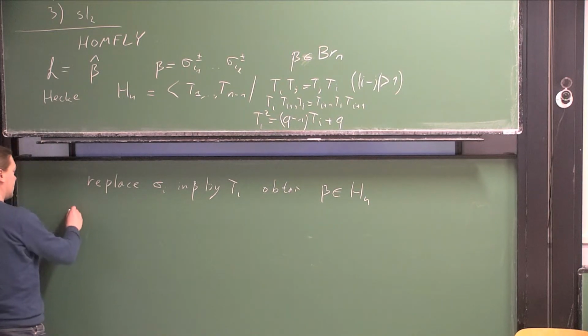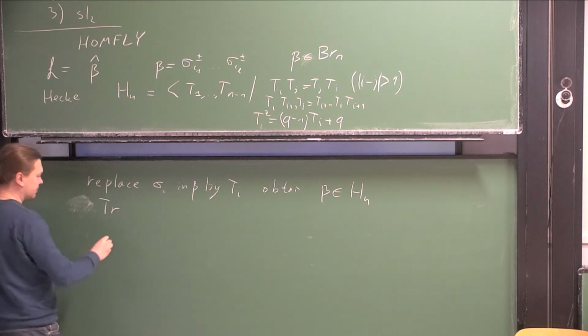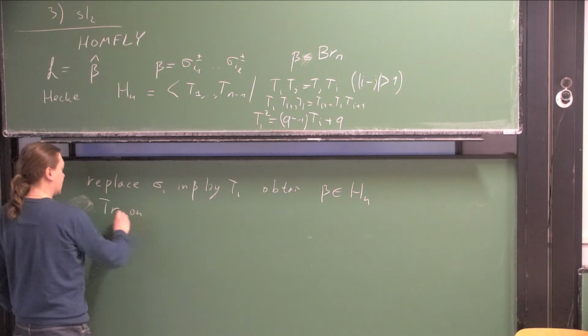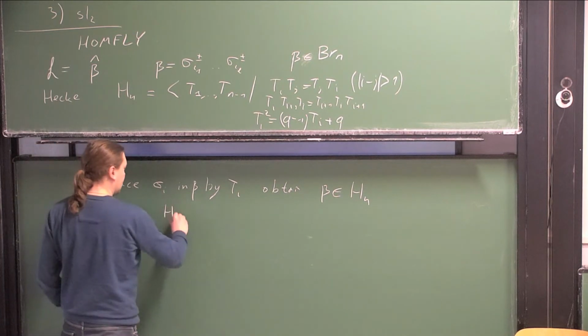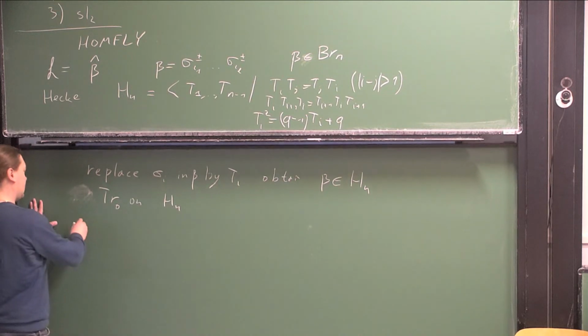So you start with the trace. Let's start with trace 0 on the Hecke algebra, defined by taking any element.